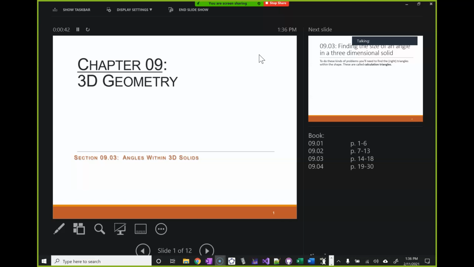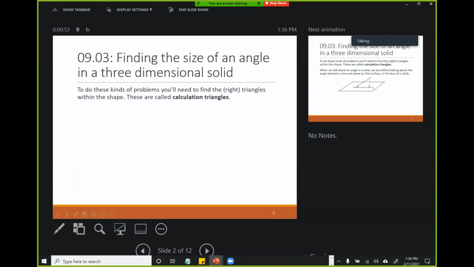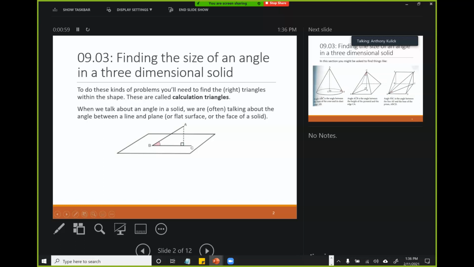Yeah. Okay. So the next section is angles within 3D solids. Again, we're going to be using calculation triangles to solve these sorts of things. Just a piece of vocab.